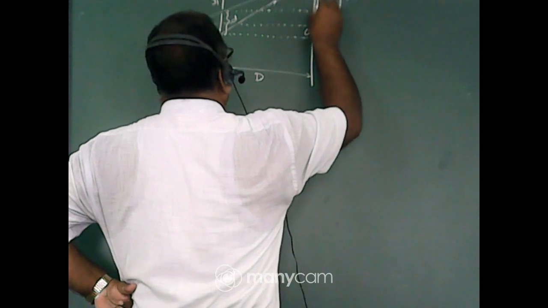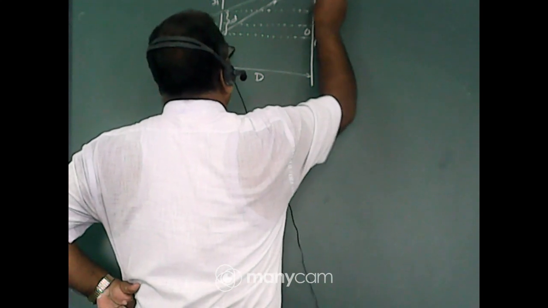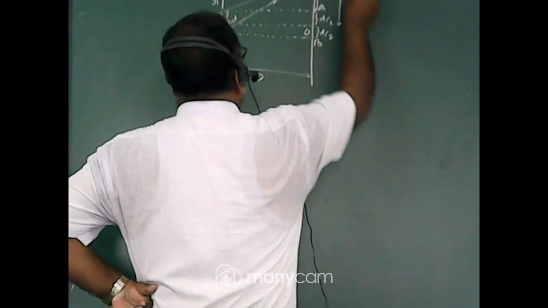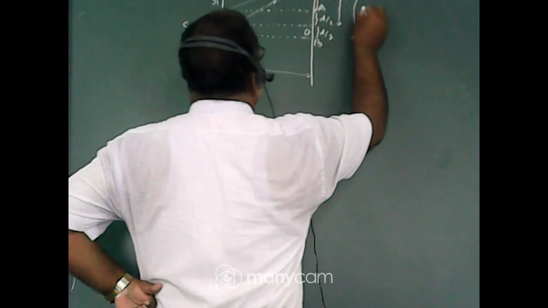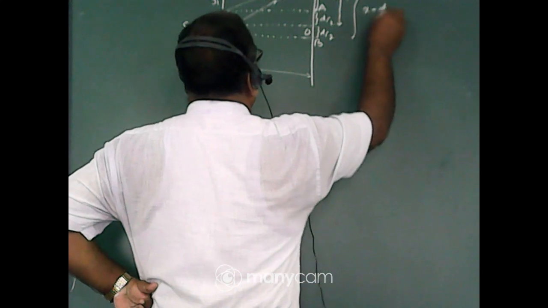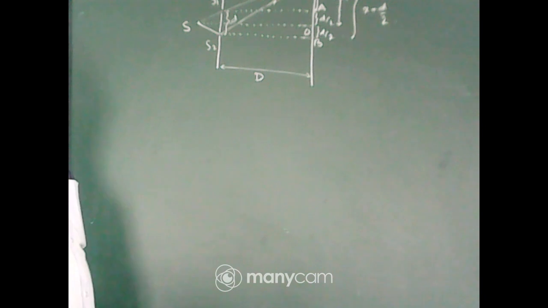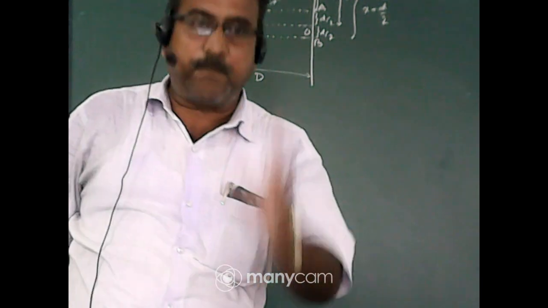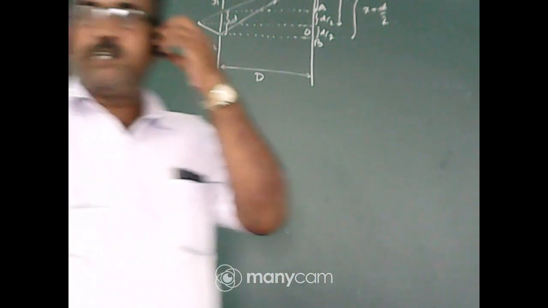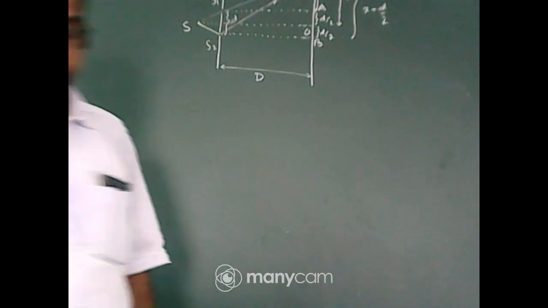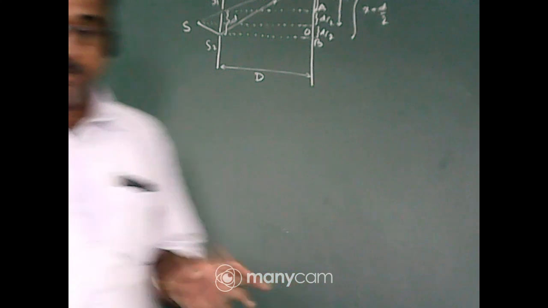So AP equals x minus d by 2 and BP equals x plus d by 2. First you find out the path difference, then you find out the fringe width.